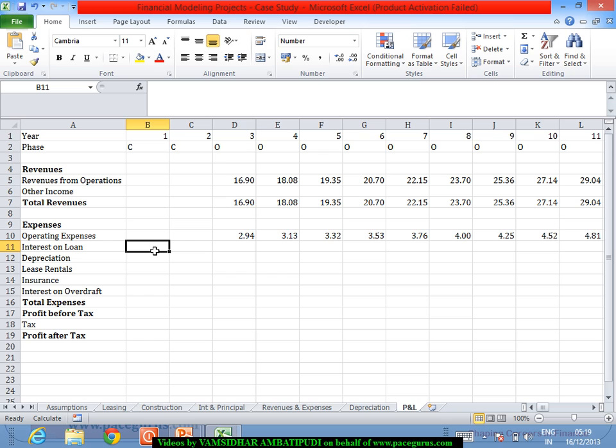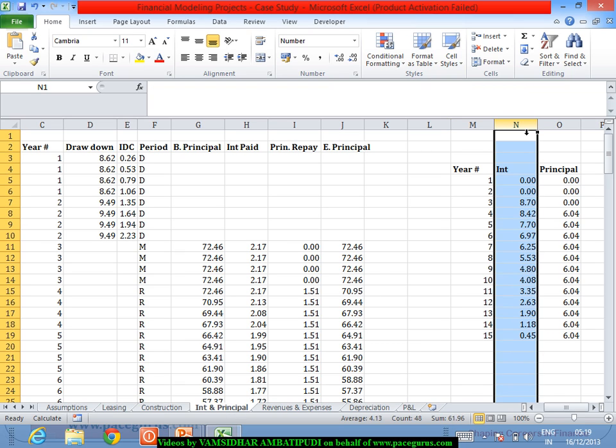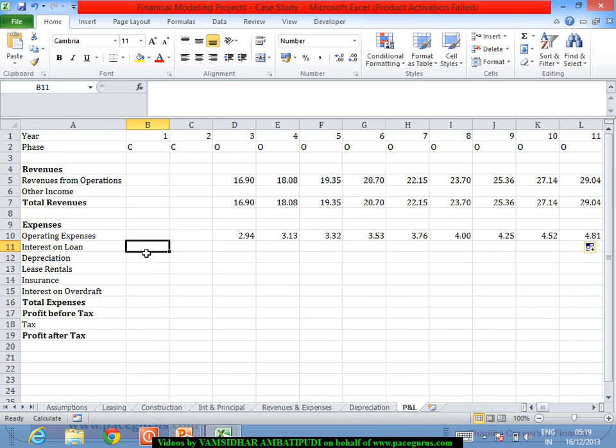Now, when I am talking about the interest on loan, I know that the interest on loan is coming from this particular sheet, which should come from this area, right? So the way I can handle it is, I know that this is the cell which has to fill in those particular values, right?